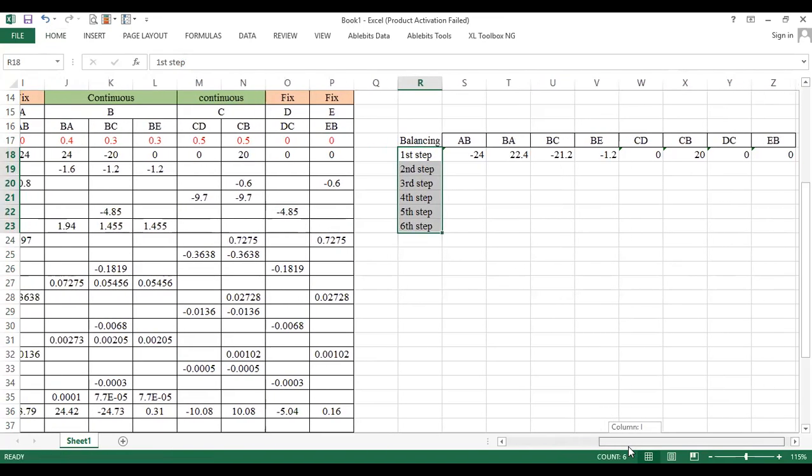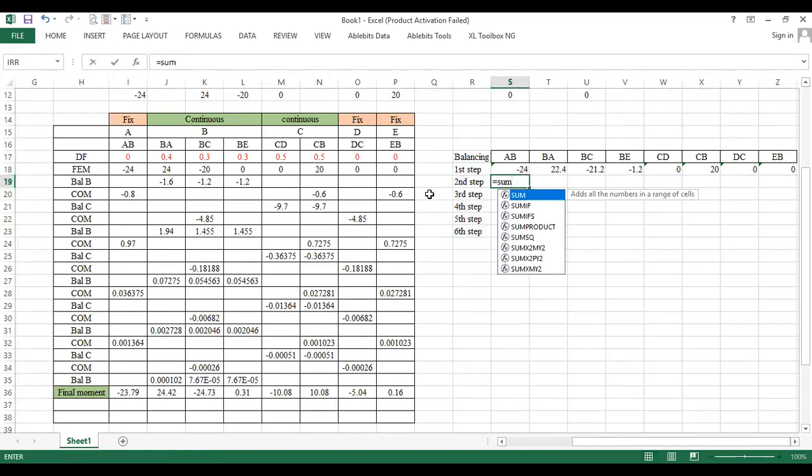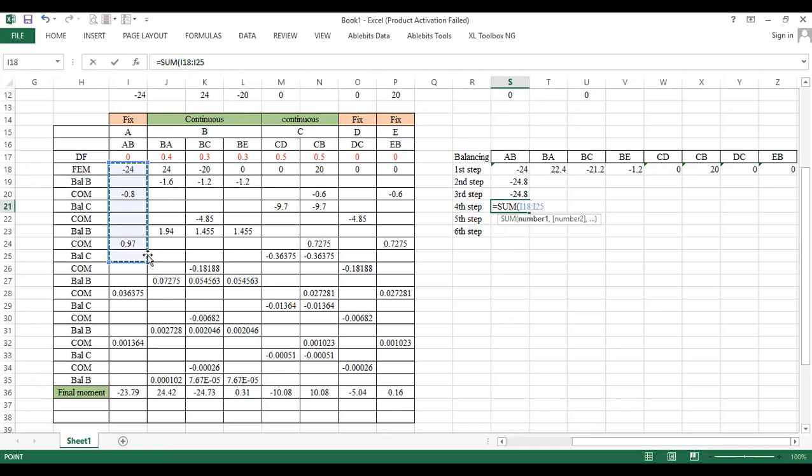So this is my second step, summation of when I balance C, right? This was first step, this was second balancing step, right? This was third balancing step, balance B. This was fourth balancing step.